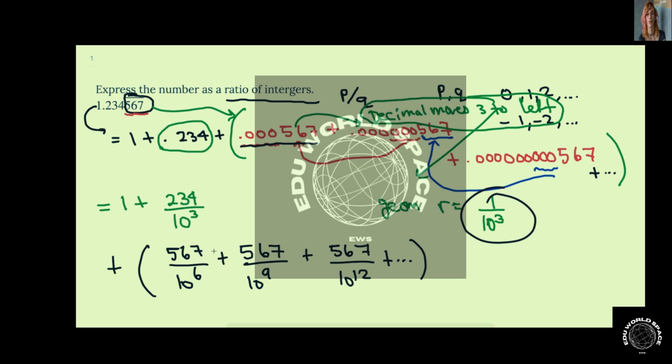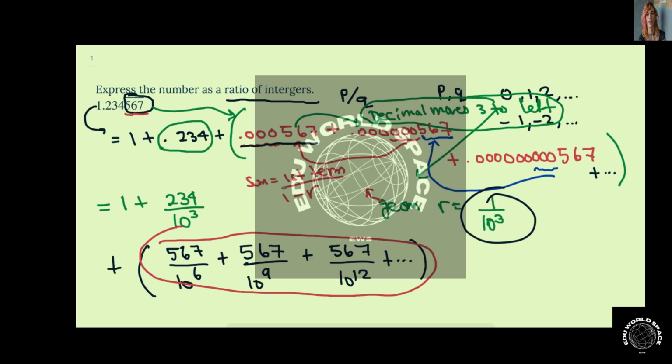So since this is a geometric series, we can go ahead and actually find the sum here for this large sum inside the parentheses. We know that for a geometric series, the sum just equals the first term in the series, and then you just divide by 1 minus r. So this lets me write this as 1 plus 2, 3, 4 over 10 cubed.